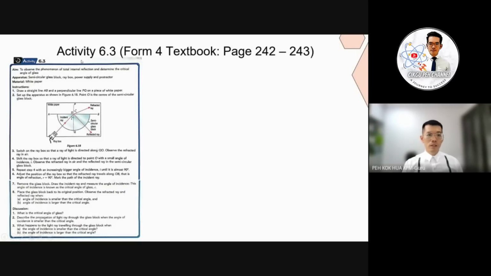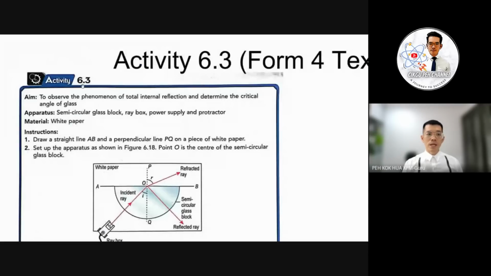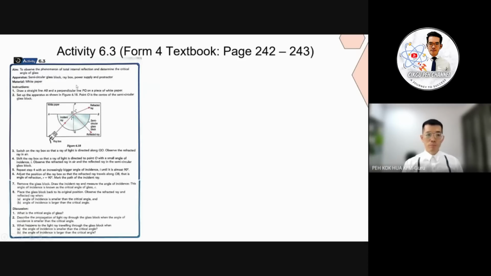This experiment is listed in your textbook, pages 242 to 243. Activity 6.3, as I mentioned just now, is to observe the phenomenon of total internal reflection and determine the critical angle of glass. I think your school teacher has already conducted the experiment with you.